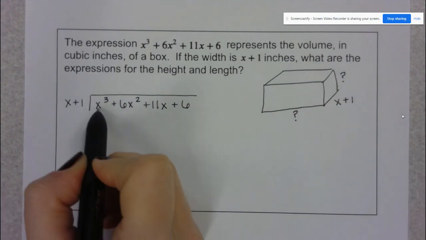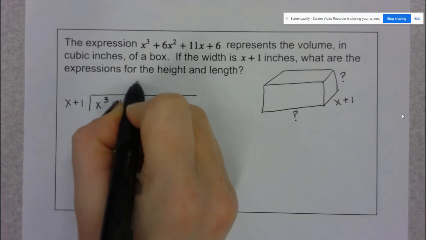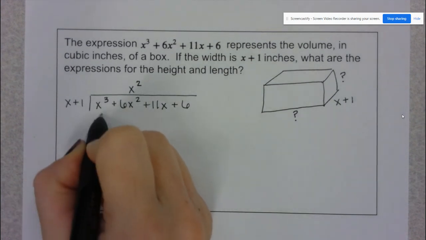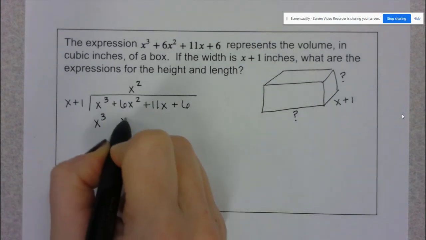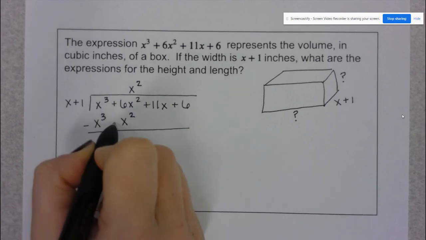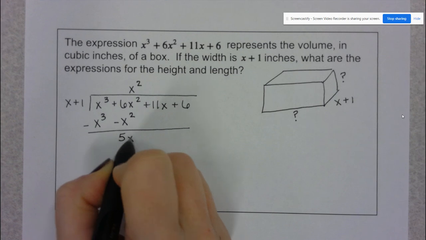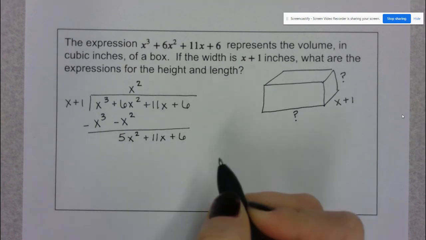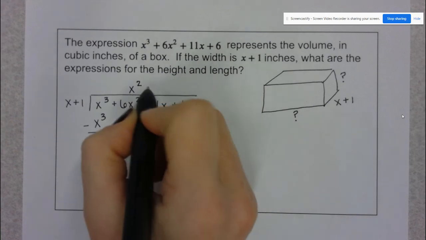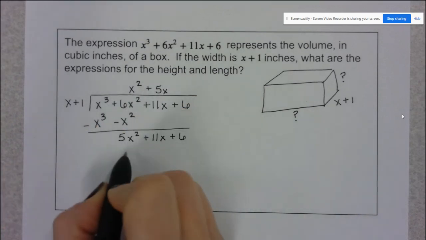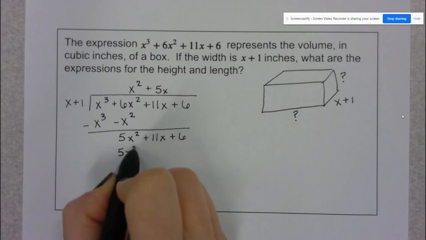So x times what gives me x cubed? Well, that would be x squared. So x squared times x gives me x cubed. And then this would be x squared. So this is going to leave me with 5x squared plus 11x plus 6. So I need 5x in order to multiply to give me 5x squared.